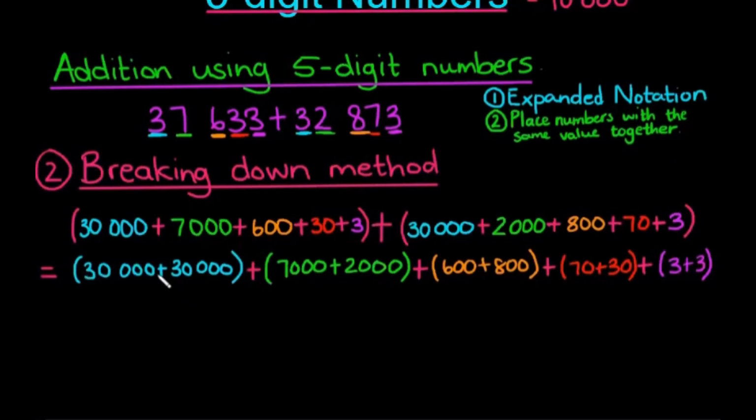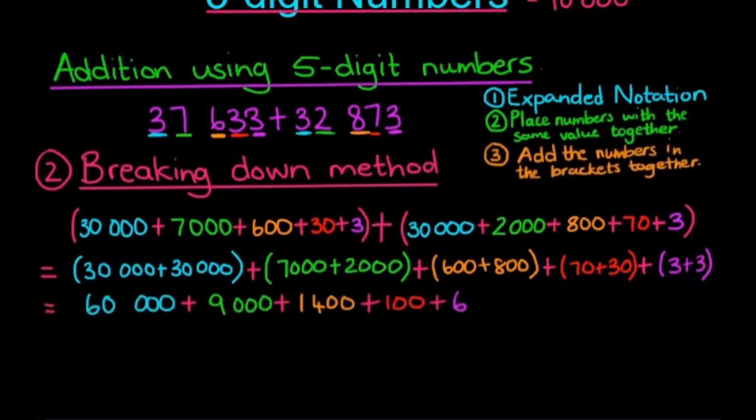So I have 30,000 plus 30,000. I'm going to place all of my thousands together. So I've got my 7,000 plus my 2,000. My hundreds together, which is my 600 plus my 800. And I'm going to add all of my tens together, which is 70 plus 30, and lastly my units, which is 3 plus 3.